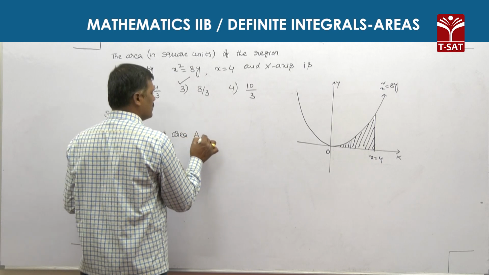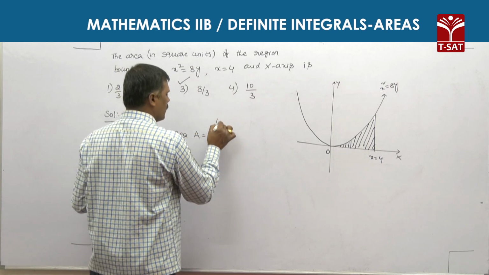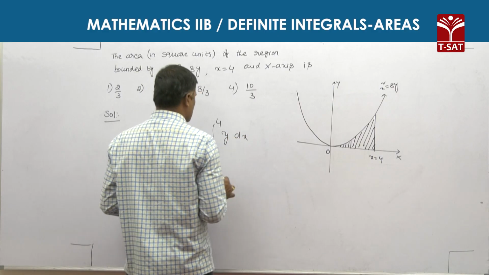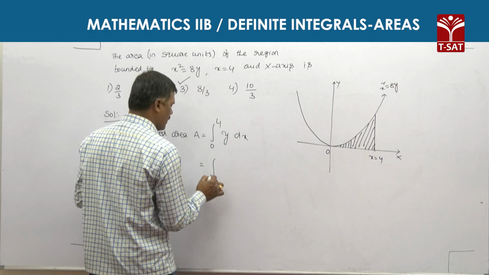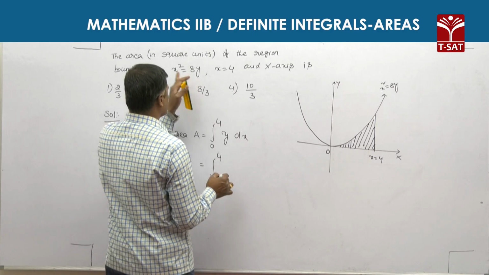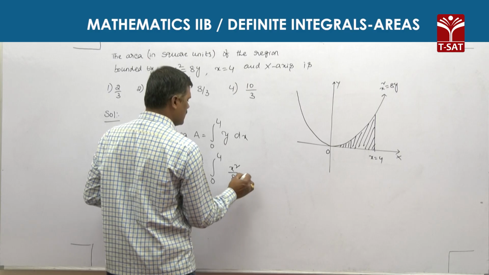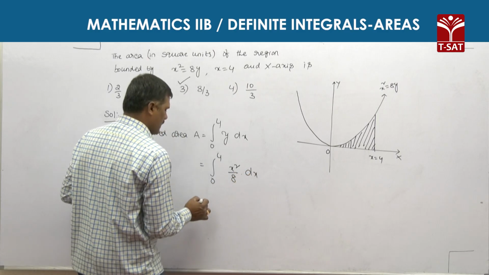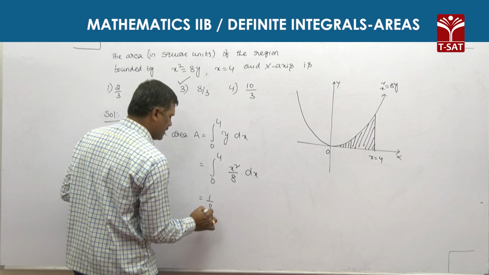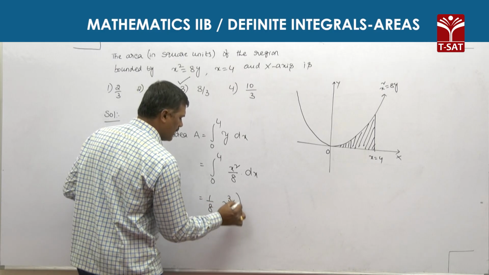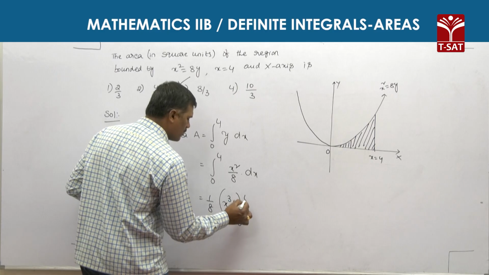A is equal to the integral from 0 to 4 of y dx. Since x square equals 8y, y equals x square by 8, so that is the integral of x square by 8 into dx, which is 1 by 8, constant, times the integration of x square, which is x cube by 3, with limits 0 to 4.